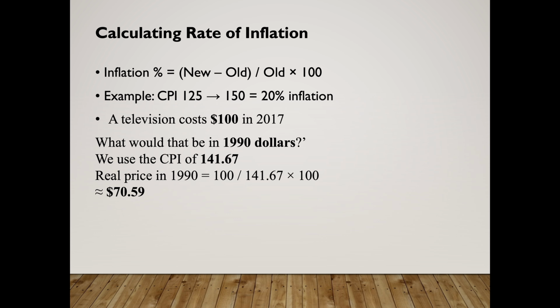We use the CPI of 141.67. Real price in 1990 equals 100 divided by 141.67 times 100 equals $70.59. So in terms of 1990 purchasing power, that $100 TV in 2017 is like a $70.59 TV in 1990.